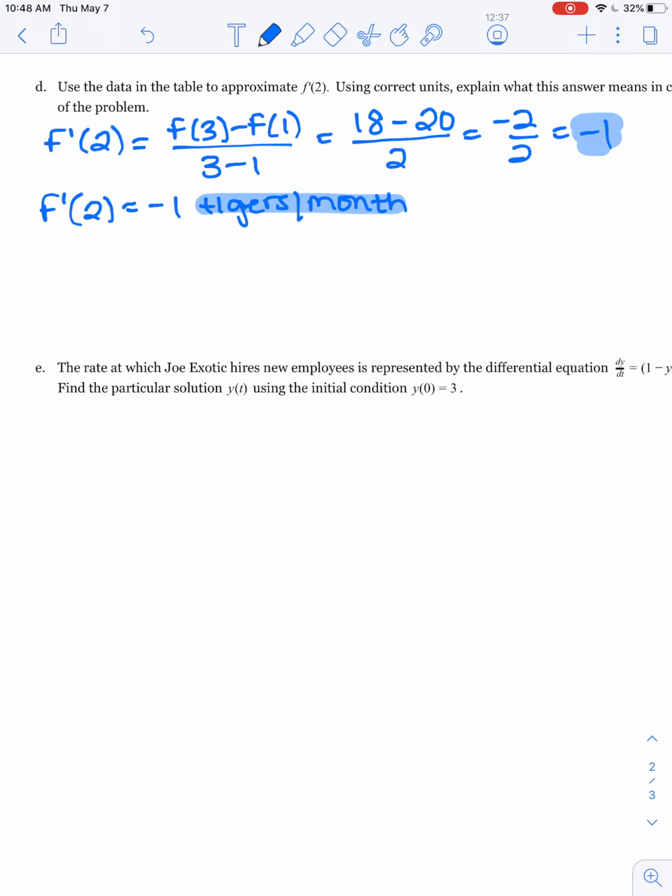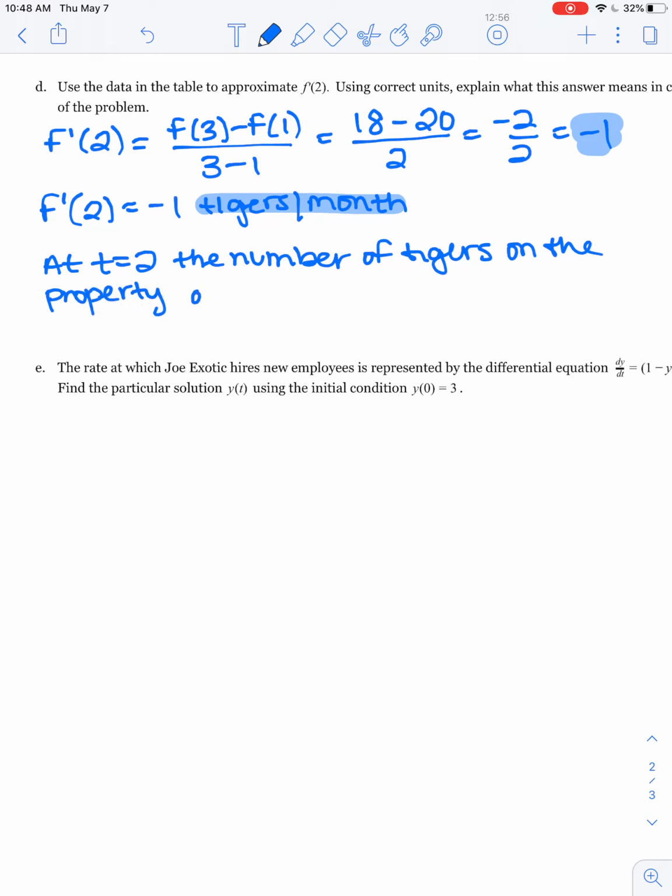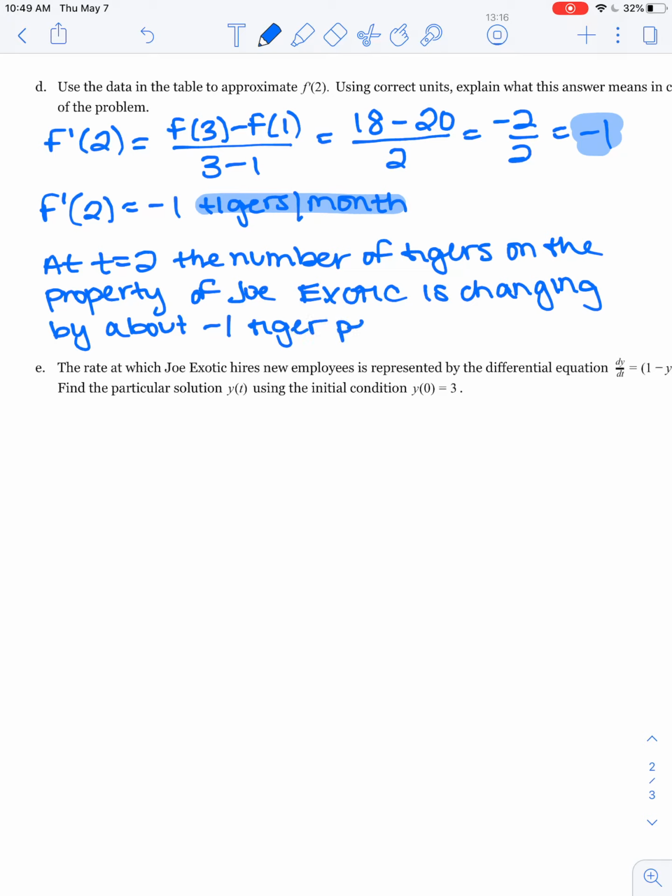So in the context of this problem, this means that at t equals 2, the number of tigers on the property of Joe Exotic is changing by about negative 1 tiger per month.